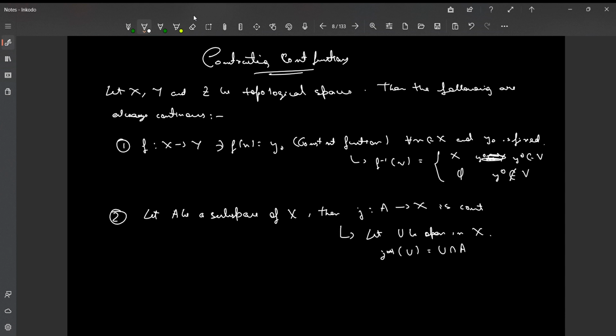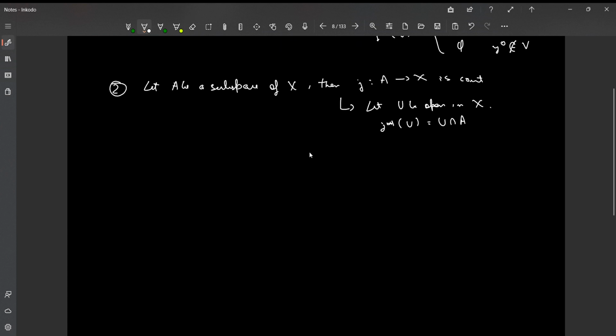It's U intersection A, because we are just restricting to those elements which belong to A. So the inverse image of U must be elements which belong both to U and A. U is an open set in X and A is a subspace of X, so U intersection A is open in A by the definition of the subspace topology. So J inverse U must be open, which means J is continuous.